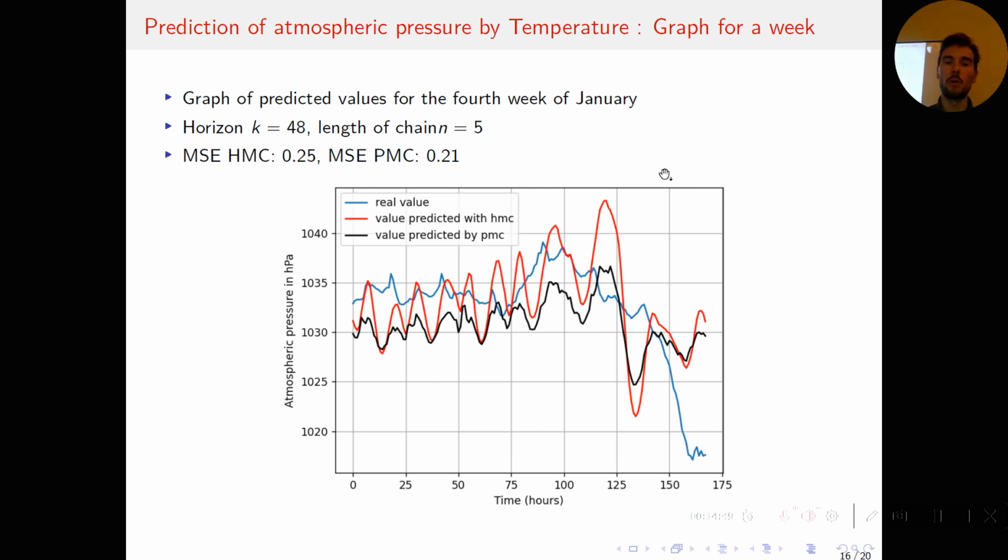Here we can see, for the 4th week of January, the prediction at an horizon of 48 hours, so 2 days. We can recognize a sort of pollution, because we can recognize the daily oscillations due to the daily oscillations of temperature, which pollutes a little bit our prediction.